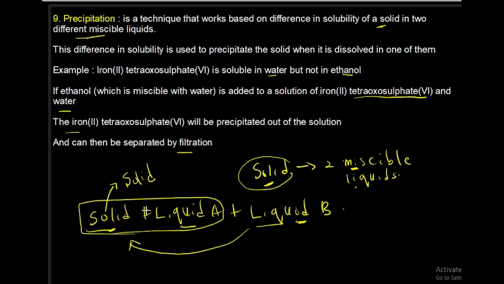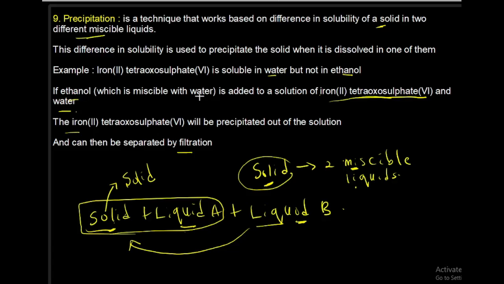Alright, we have ethanol, we have water, we have iron 2 tetraoxosulfate 6. Now iron 2 tetraoxosulfate 6 can dissolve in water. So let's say we have a solution of iron 2 tetraoxosulfate 6 and water. Now to separate iron 2 tetraoxosulfate 6 from water, we add ethanol. Iron 2 tetraoxosulfate 6 cannot dissolve in ethanol.